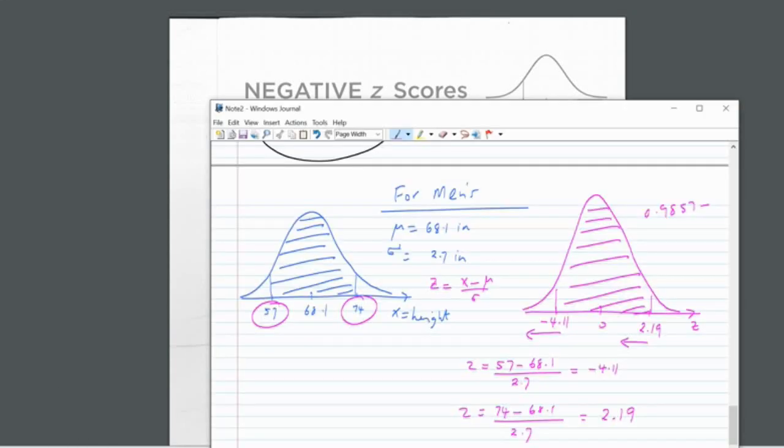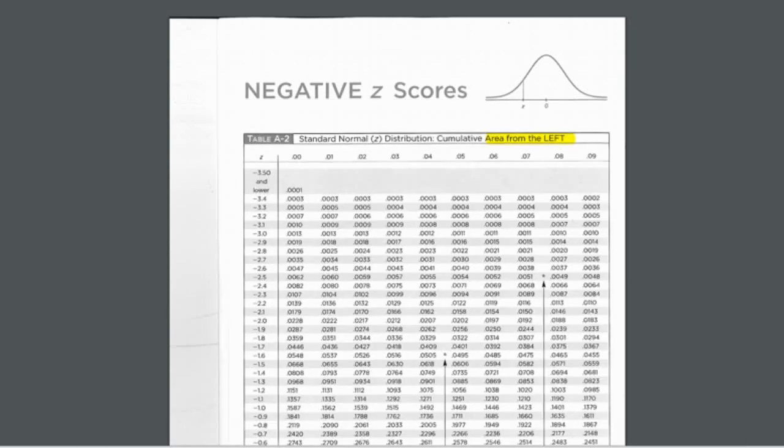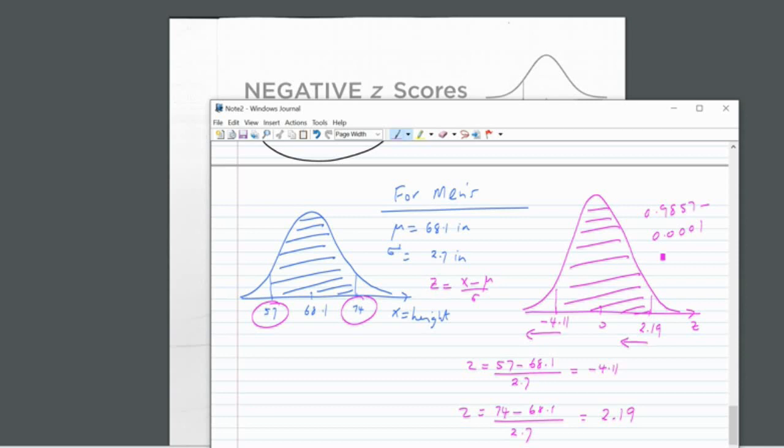So minus 0.0001. If you subtract that, you get 0.9856.